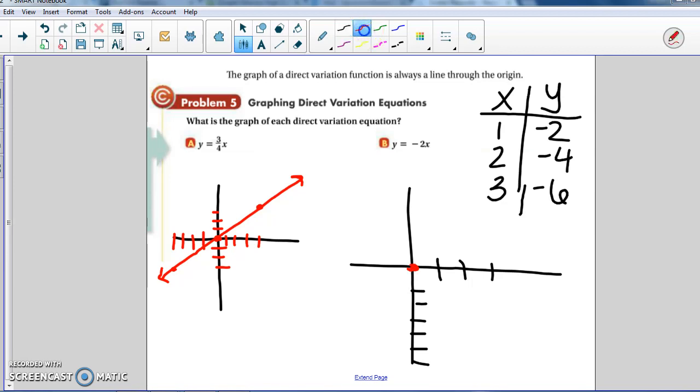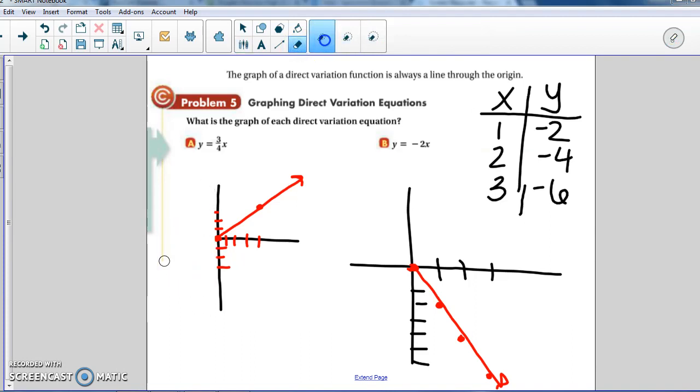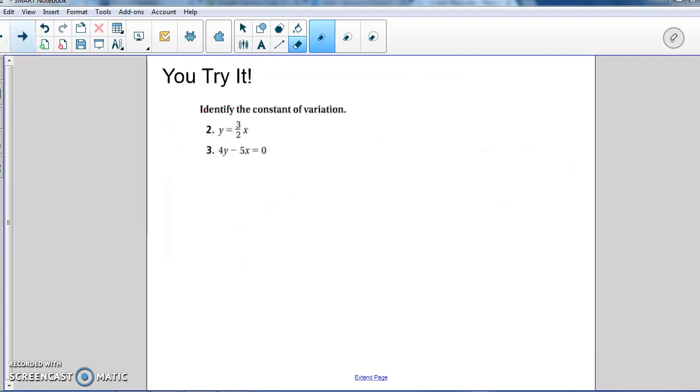And we start at 0, 0, then 1, -2, 2, -4, 3, -6. I'm sorry, here direct variation only stays positive, so we're not going to go negative x values. Now you guys try 2 and 3, identify the constant of variation.